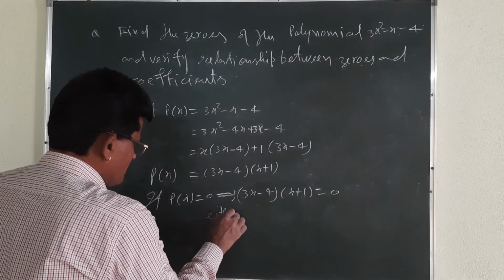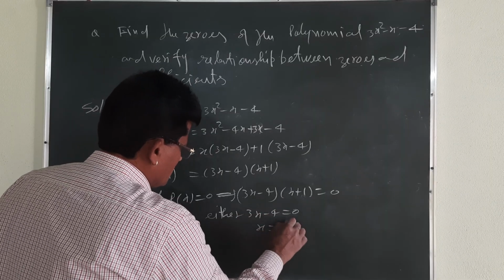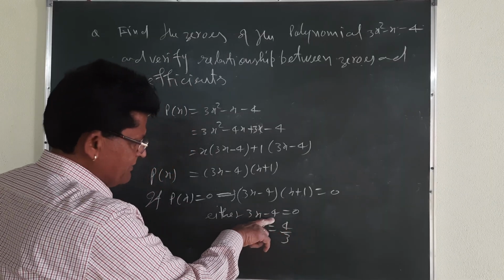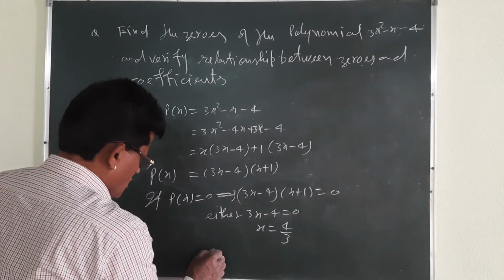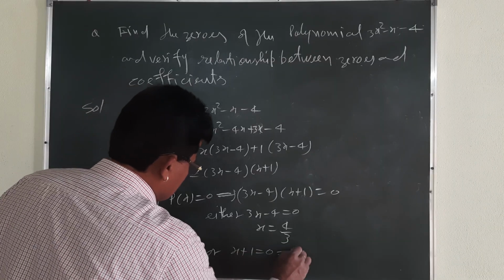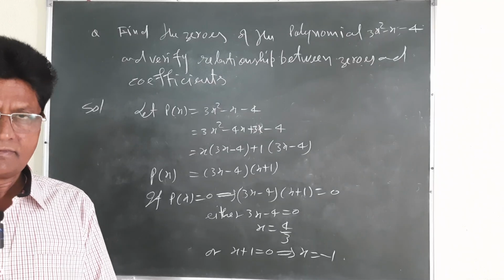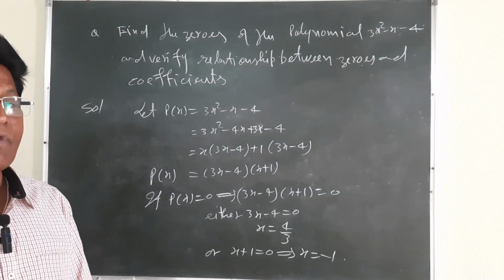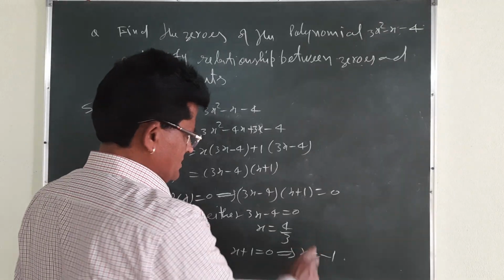Either 3x minus 4 is equal to 0 and x will be equal to 4 by 3. You see, 4 you take from the left side to the right side. Or x plus 1 will be equal to 0, which implies that x will be equal to minus 1. You got the two zeros of this quadratic polynomial. What are the two zeros? One is 4 by 3, another is minus 1.